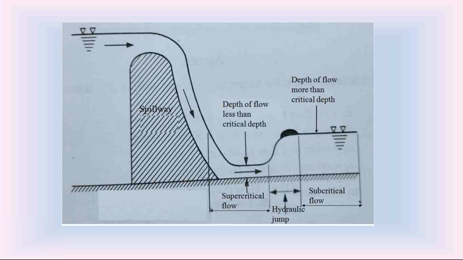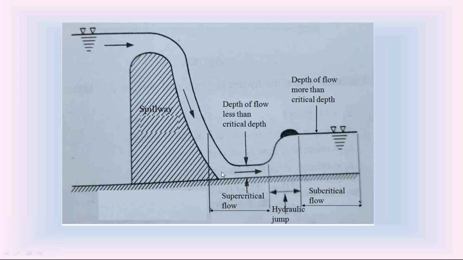Due to that sudden change, in this region we have a mechanism called hydraulic jump. So this hydraulic jump is formed at the bottom of the spillway due to the sudden change in the condition of the water flow from supercritical condition to subcritical condition.